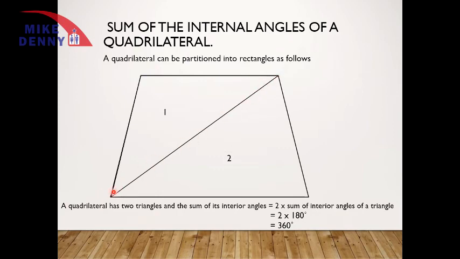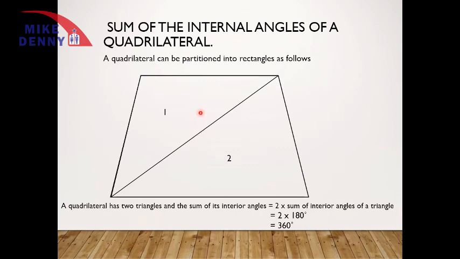If we join these two vertices, then you have triangle 1 and 2. It could have been joining these other vertices. You join these two vertices, you will equally have two triangles. So when you do that, the work now becomes very simple.